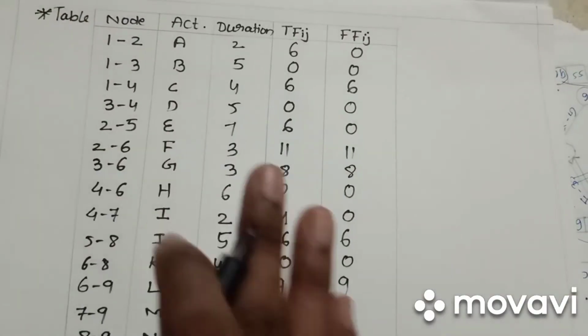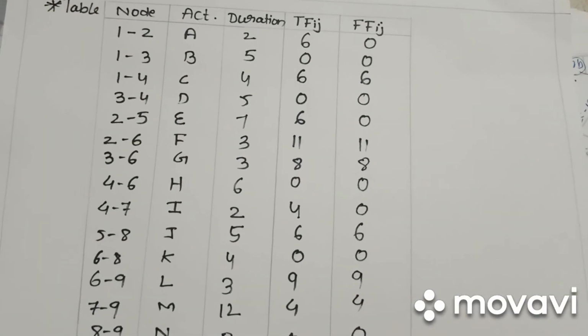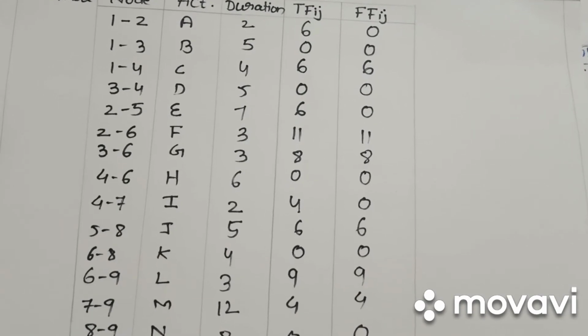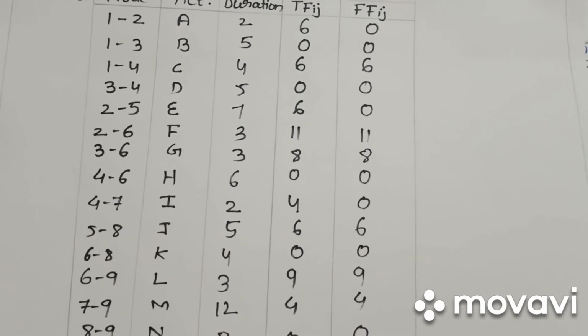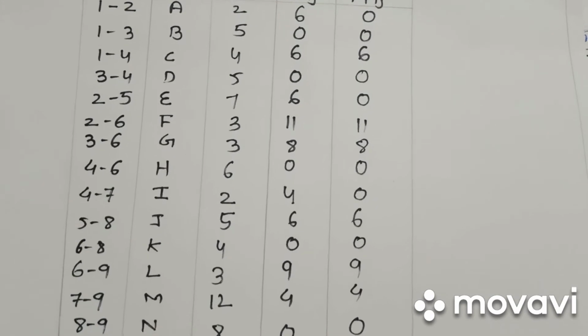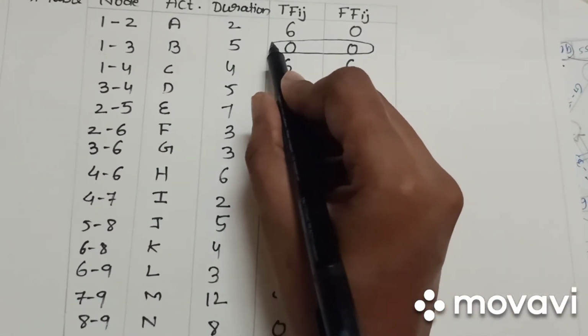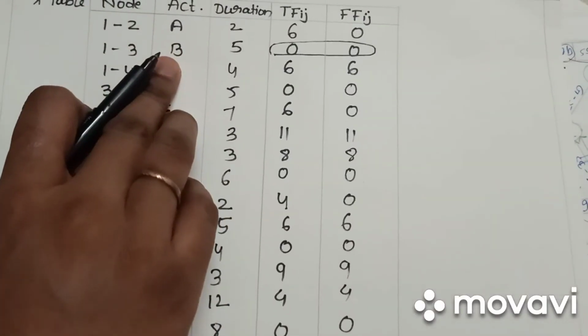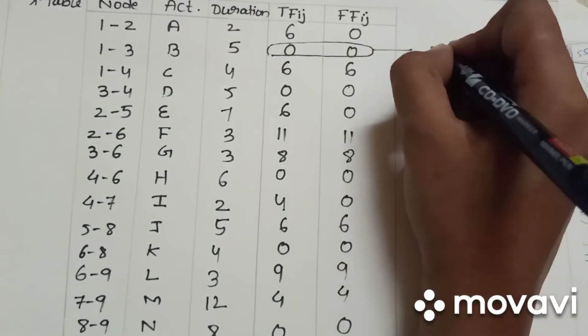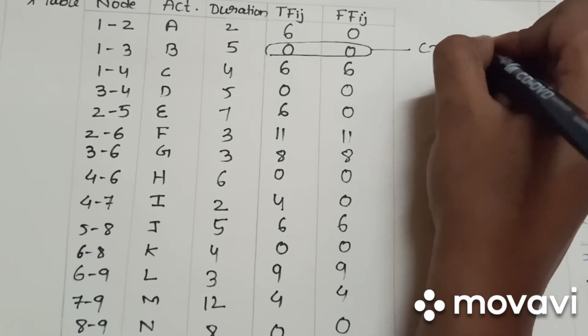We have to find out the critical path. The activities for which both should be 0 form our critical path. So here, let's understand: total float is 0 and free float is 0. The activity is B. So this is one of our critical path activities.